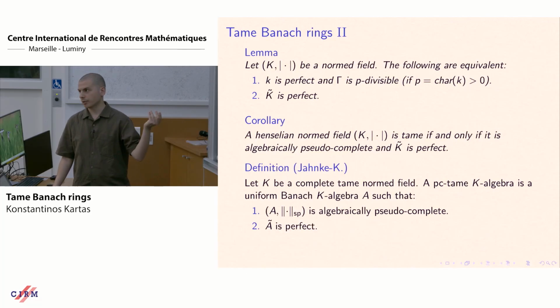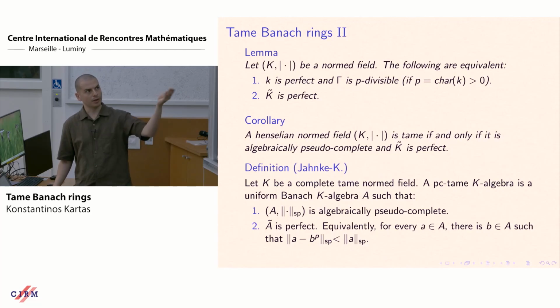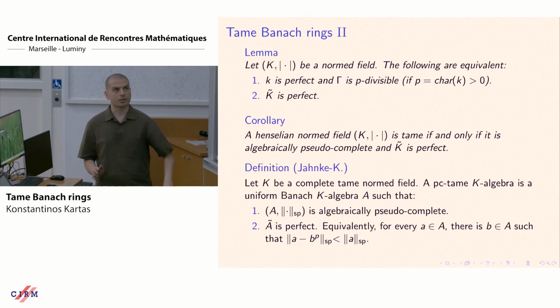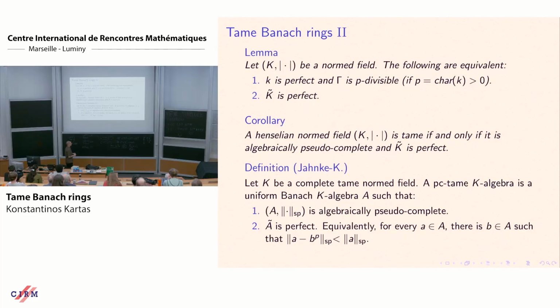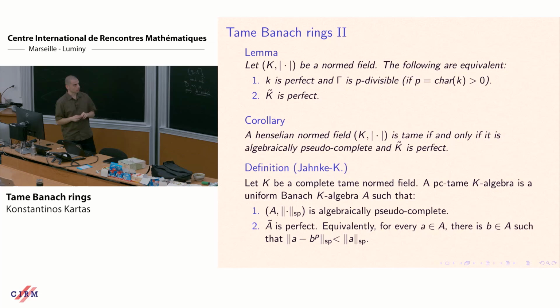And the graded residue ring is perfect. Equivalently, if you don't want to think about graded rings, this has the same content as saying that for every element A, you can find another element B such that you cancel the leading term, so to speak. The norm of the difference between A and B to the P is less than the norm of A.